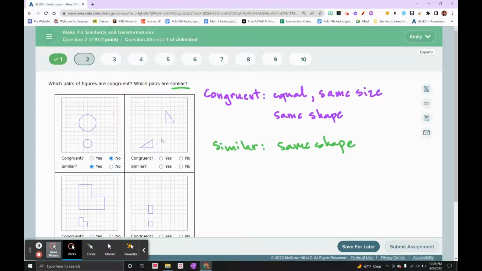Is this one congruent? The answer is yes. They look exactly the same, because for this one, the base is 2 boxes, and this base is 2 boxes. This one is 3 boxes, and this sideways is 3 boxes.